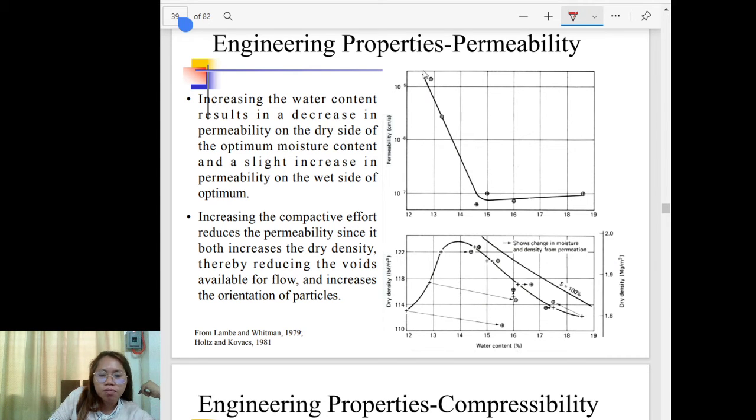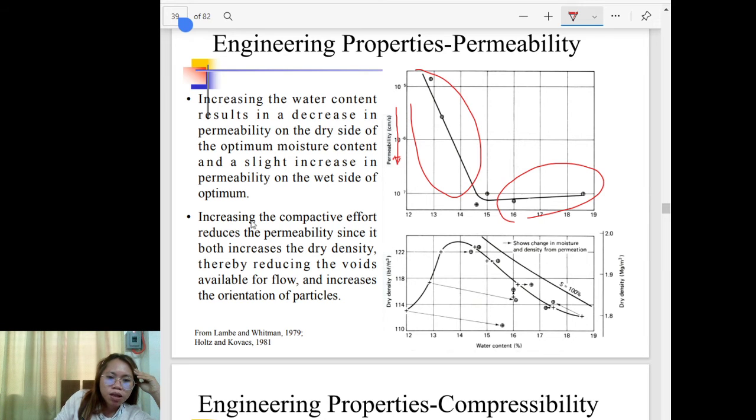This part here is permeability versus the water content. On the dry side, increasing the water content, the permeability decreases. After the optimum moisture content, on the wet side, the permeability slightly increases, only slightly.